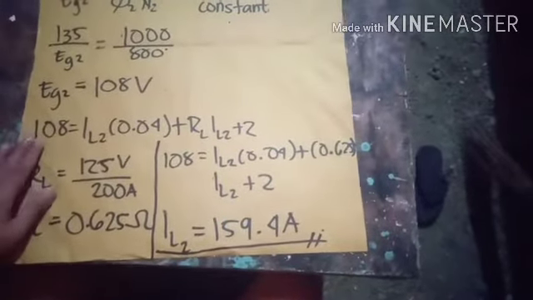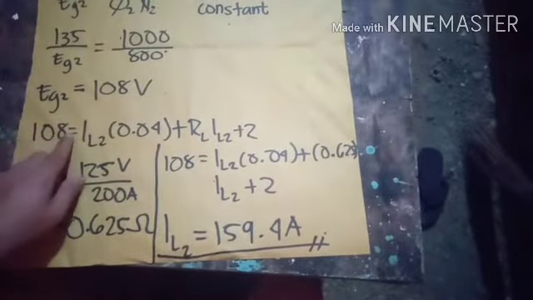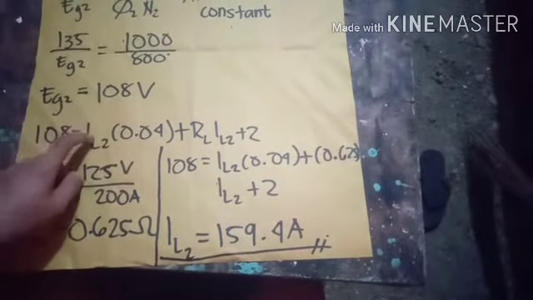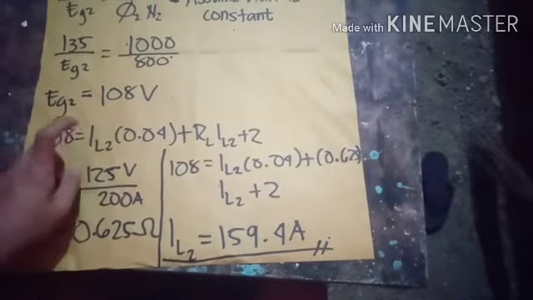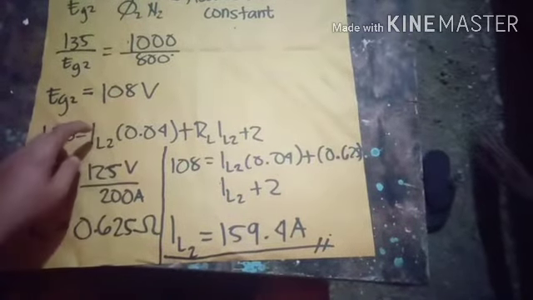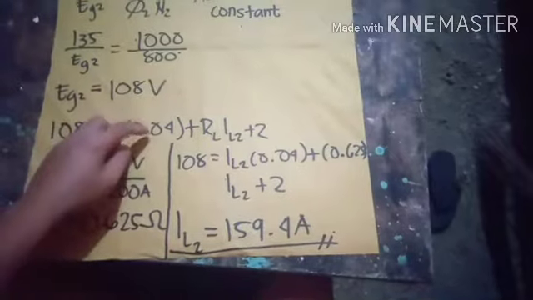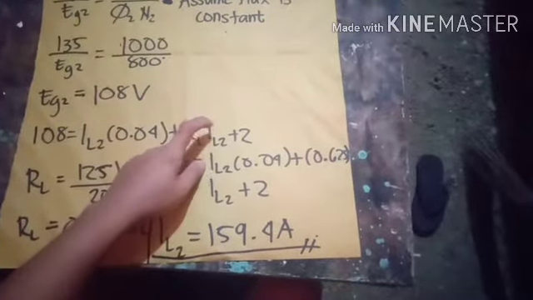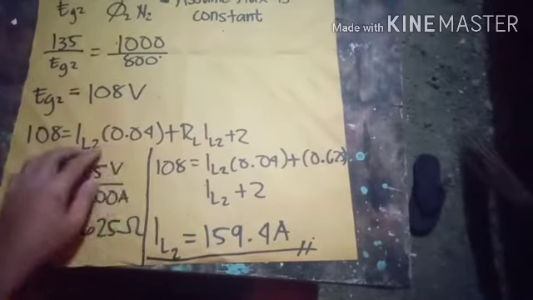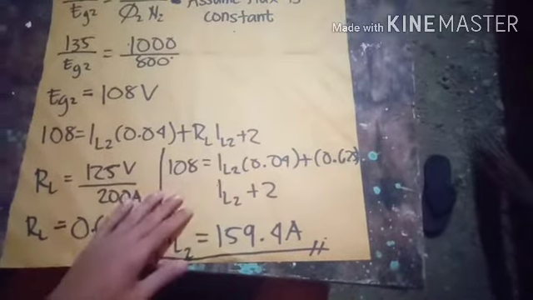So 108 is equal to IL sub 2 times 0.04 plus RL times IL2 plus 2.